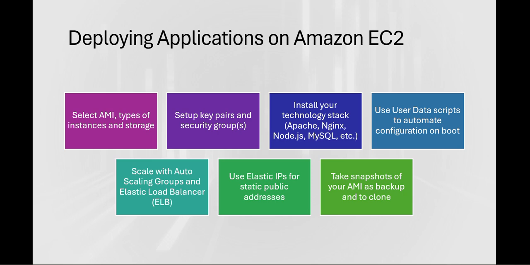Use user data scripts to automate configuration on boot, and scale with auto scaling groups and an Elastic Load Balancer, called ELB. Use elastic IPs for static public addresses. Take snapshots of your AMI as backup and to clone.